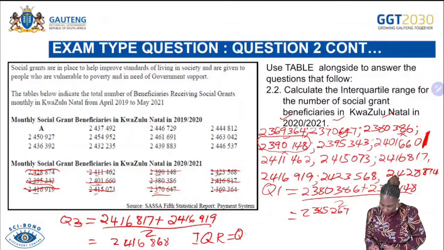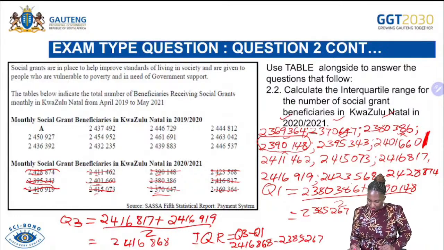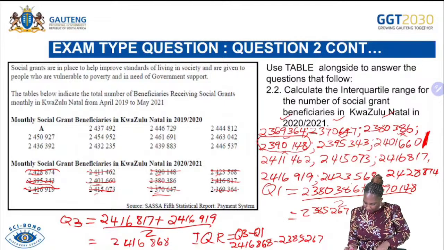Now from this one, my IQR, interquartile range, will be Q3 minus Q1. So my Q3 is 2416868 minus my Q1, 2385267.